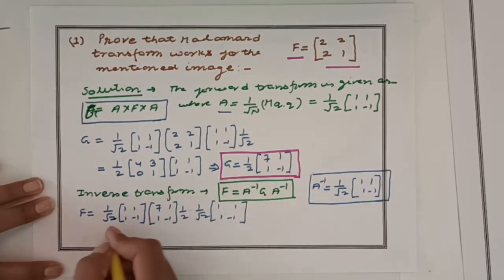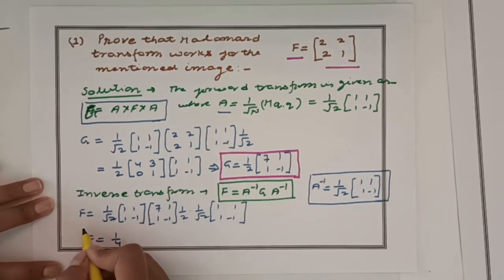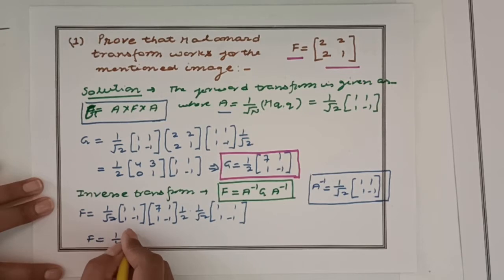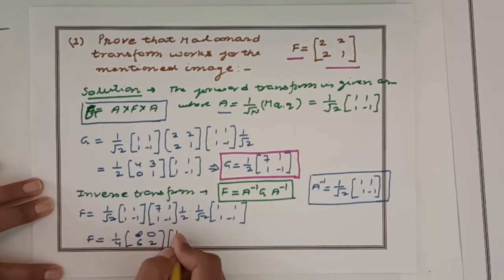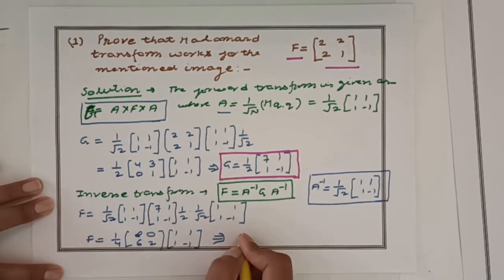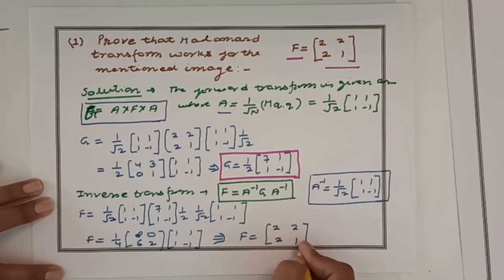If you simplify it further, multiplying 1 upon root 2, 1 upon root 2, and 1 upon 2, which is 1 by 4, this term will be [8 0; 6 2], and the other matrix is [1 1; 1 minus 1]. Now multiply these two matrices. So you will be getting F equal to [2 2; 2 1].